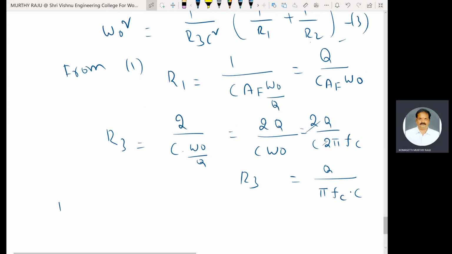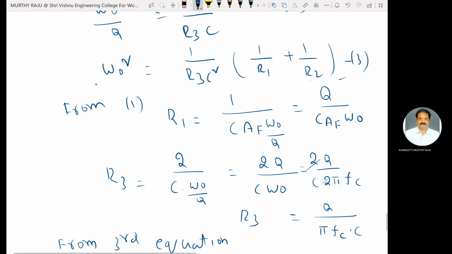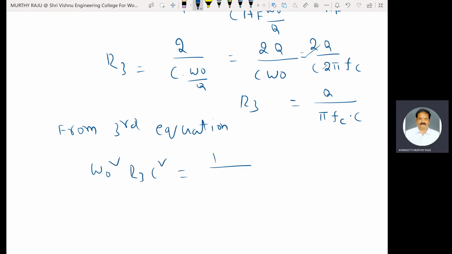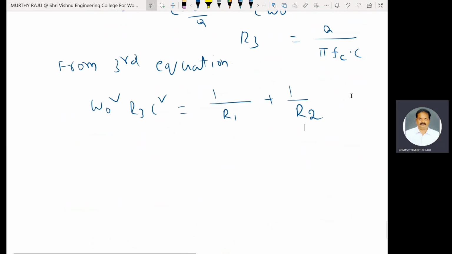Now calculate R2 from the third equation. From the third equation, omega naught square R3 C square is equal to 1 by R1 plus 1 by R2. Calculate R2.